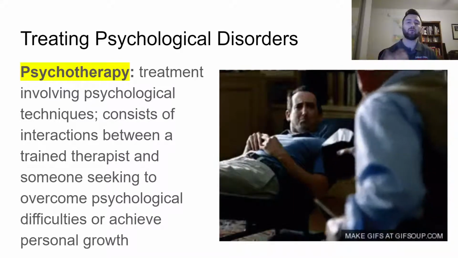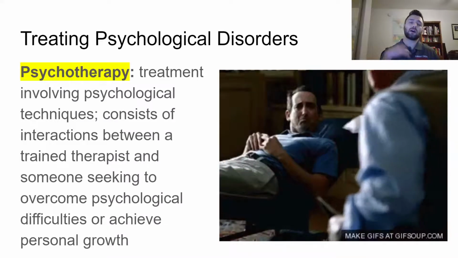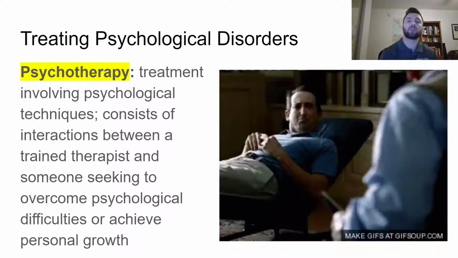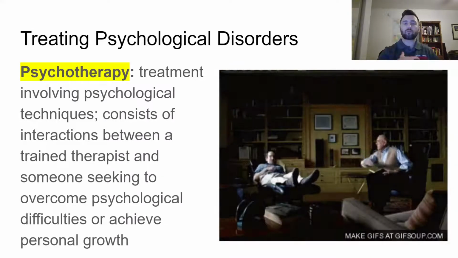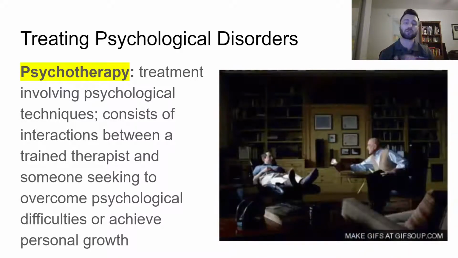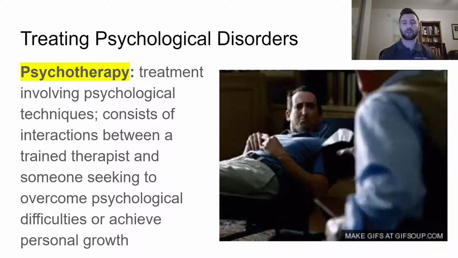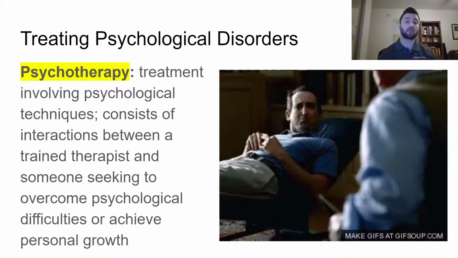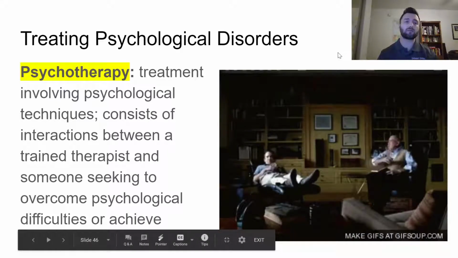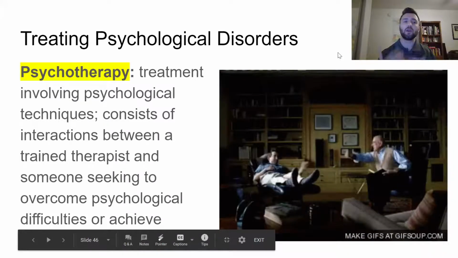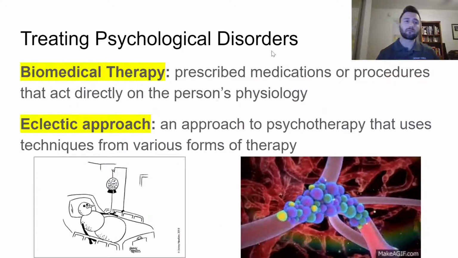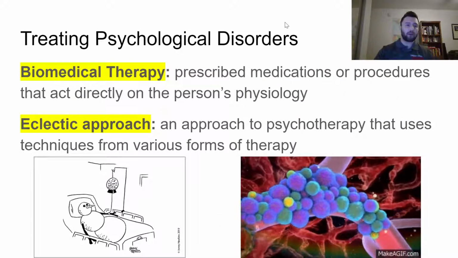Anytime you go to a therapist of any sort, whether that's a psychologist, a psychiatrist, a group therapist, or an addiction treatment center, any interaction with those people is going to be psychotherapy. We'll look at the different types of psychotherapy and what they specifically look like as we go. This is obviously going to be the focus, because in an AP Psychology class we focus on the psychotherapy aspect. We should mention the biomedical therapy, though.